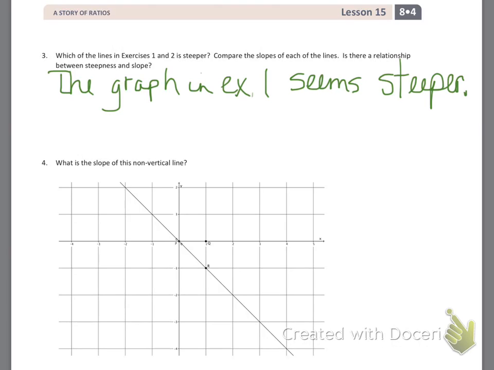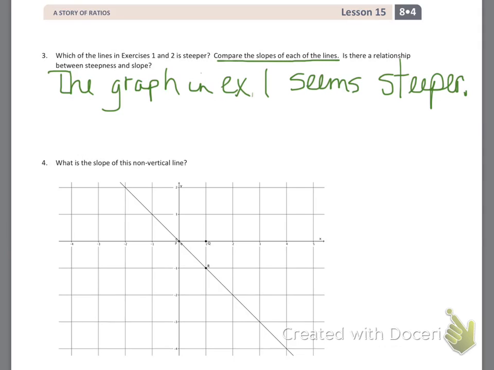The second part of that says, compare the slopes of each of the lines. Is there a relationship between steepness and slope? So the slope of the steeper line was 4, and the slope of the not so steep line was 3.